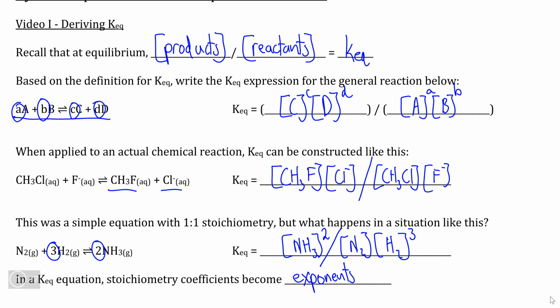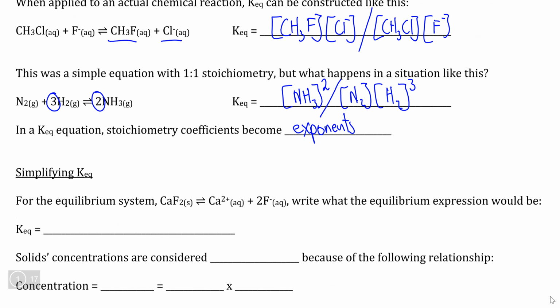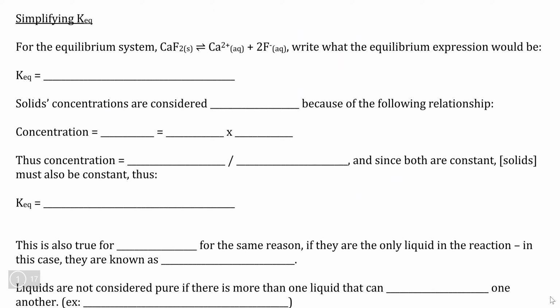Now, unfortunately, writing equilibrium expressions or writing KEQ equations is never quite that simple, as we'll see with this reaction here. So for the first time, we actually see that there is a solid in our equilibrium system. So if we were to write out the KEQ expression for this, normally it would be quite straightforward.